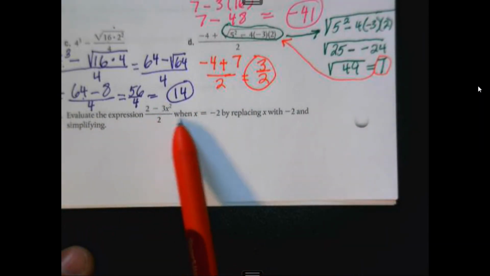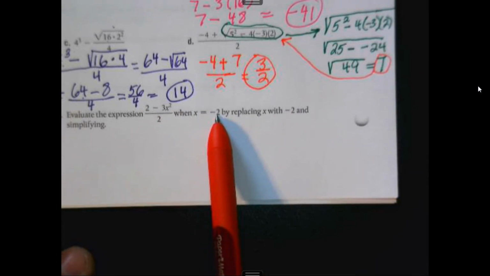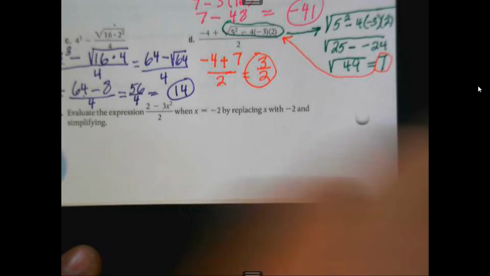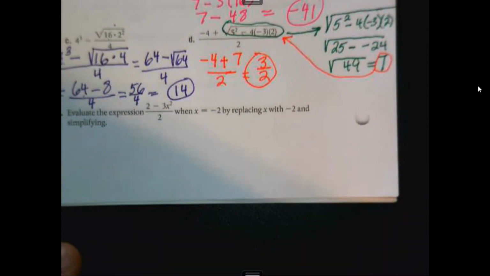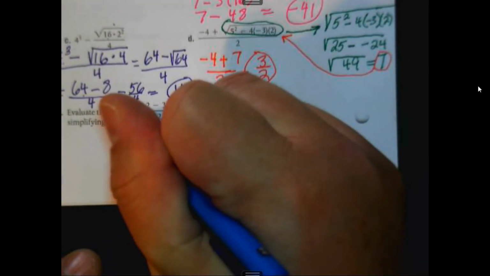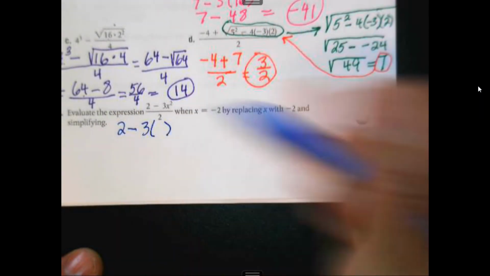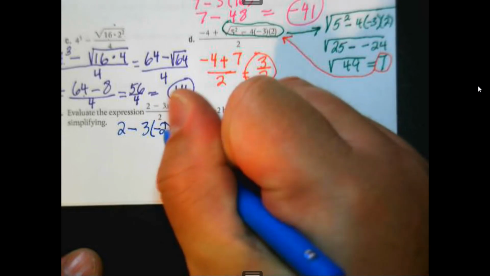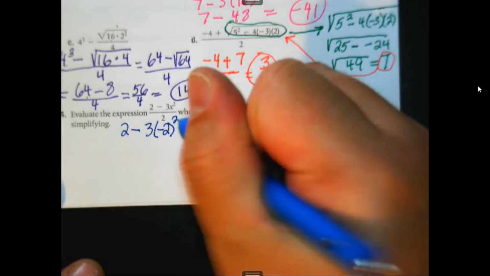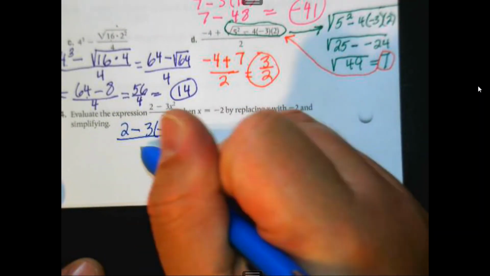Evaluate the expression 2 minus 3x squared when x is negative 2. In other words, substitute negative 2 wherever you see x. Okay, so I have 2 minus 3 where we're seeing x, I'll get negative 2 squared, all divided by 2.